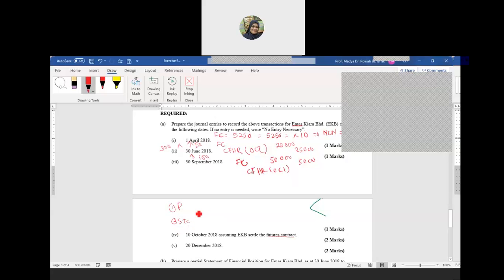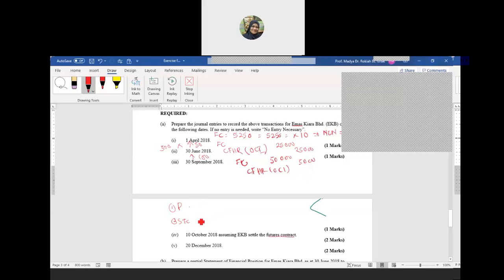What do you have for that one? What will be the journal entry when you purchase the inventory?